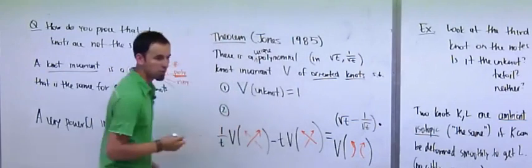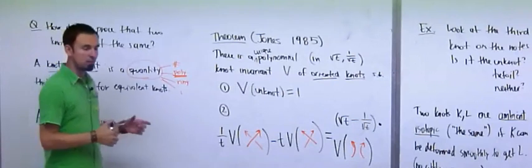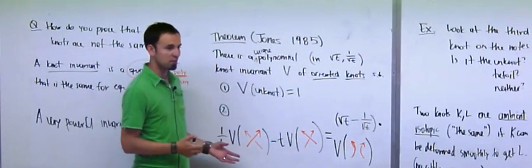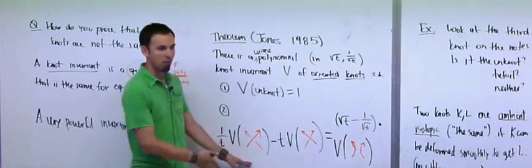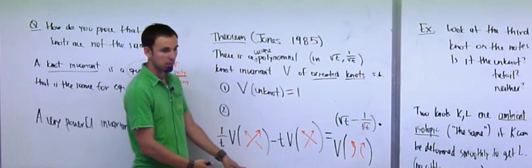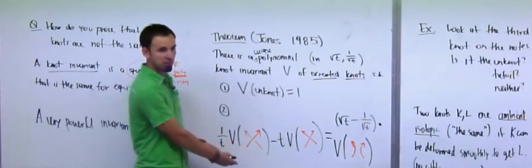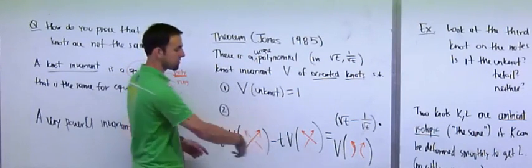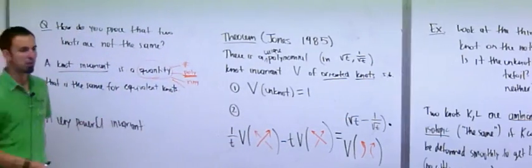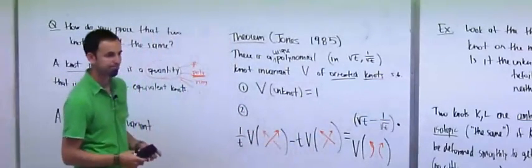And he proved that there is a unique polynomial that satisfies these conditions. It shouldn't be clear to you, first of all, that this actually defines a polynomial, or second, how you can compute a Jones polynomial using this formula, but we're going to see that you can. It also shouldn't be clear that this is well defined, because maybe these relations are redundant in an incorrect way, so that by applying this equation in different ways, you get 0 equals 1.